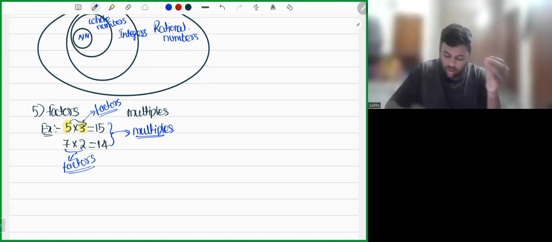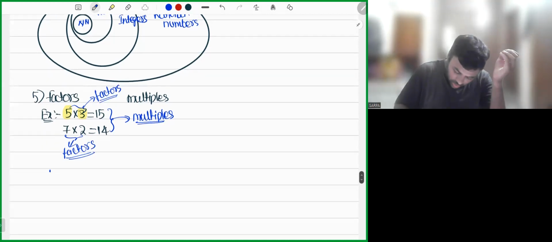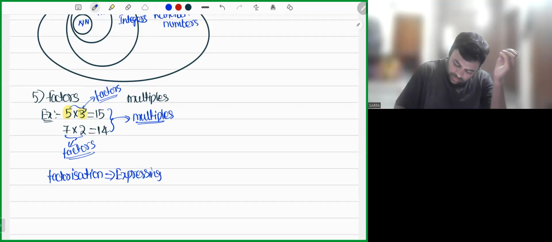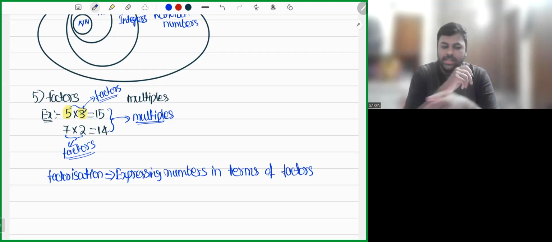Now, what do you mean by factorization? Factorization means expressing numbers in terms of factors. Expressing numbers in terms of factors is called factorization.